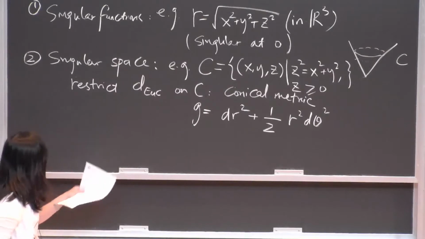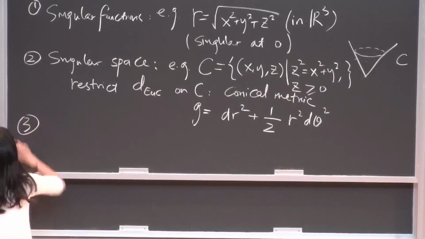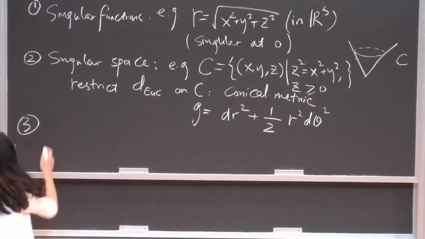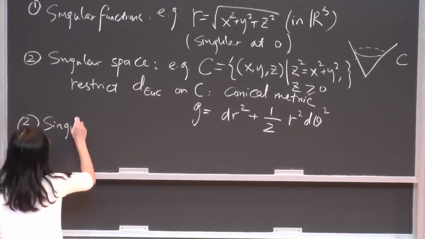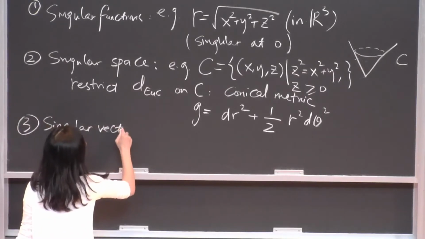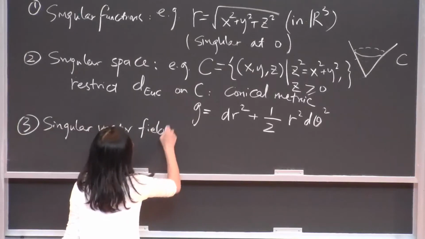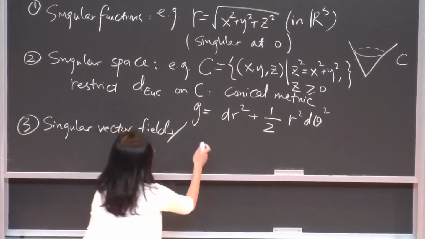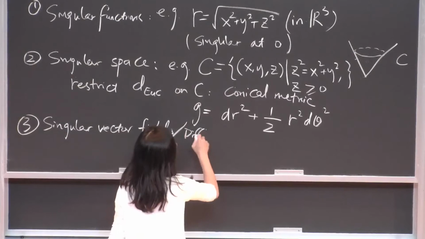Okay, and the third type of singularity I want to talk about is singular vector fields. And a related object is singular differential operators.